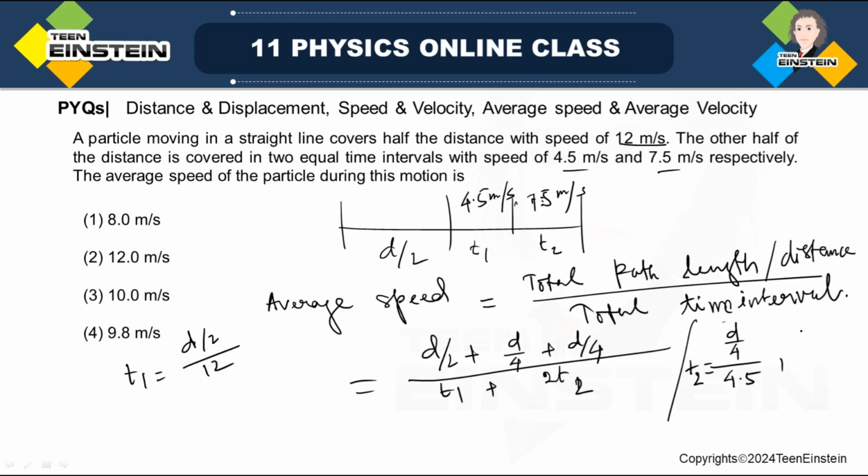So another one is T2 itself. This will be d by 4 by 7.5, same time interval, equal time interval.